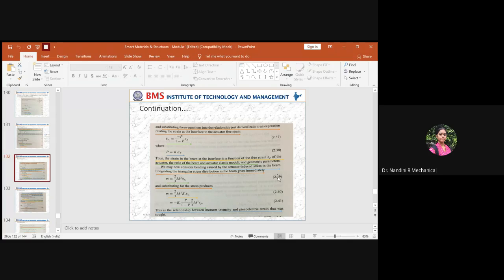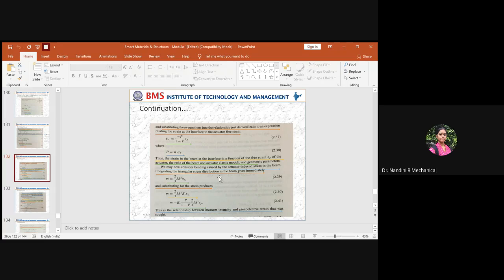That everyone knows. Bending happens due to the induced strain in the beam, the induced stress in the beam. So this is due to the load applied and the deformation happening in the beam due to the strain. So you have to integrate the triangular stress distribution. Why triangular stress distribution?